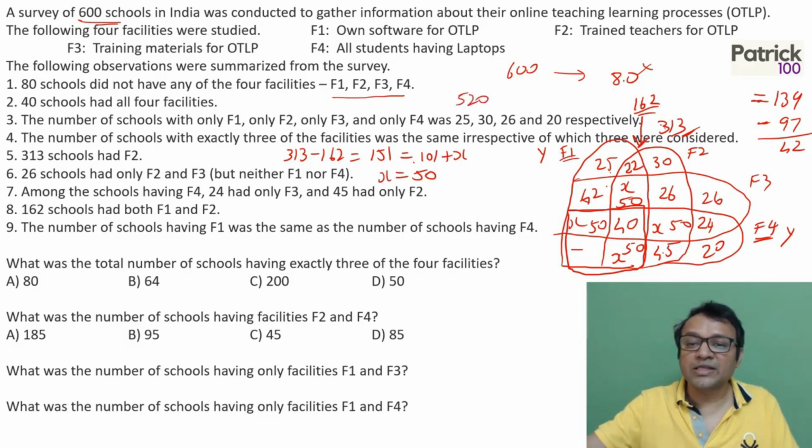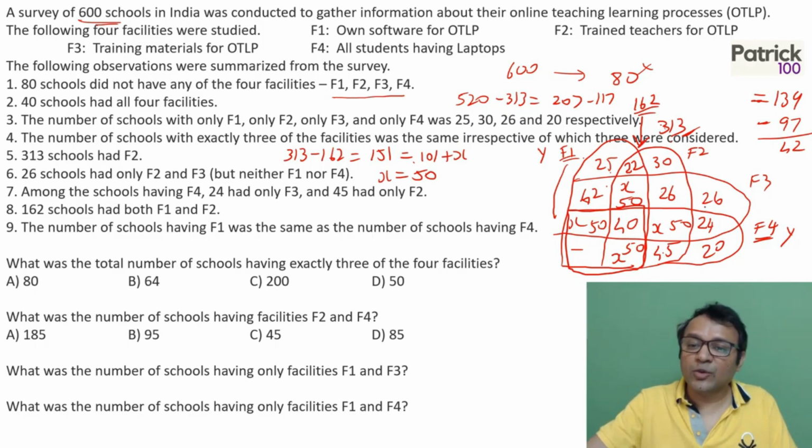Once you get this 42, you know that the total value is 520. 600 minus 80 is 520. Now I know 313 is F2. So subtract 313, what is left is 207. From that 207, remaining is everything outside F2. So 50 plus 42 plus 25 for F1, these three values, is 117.